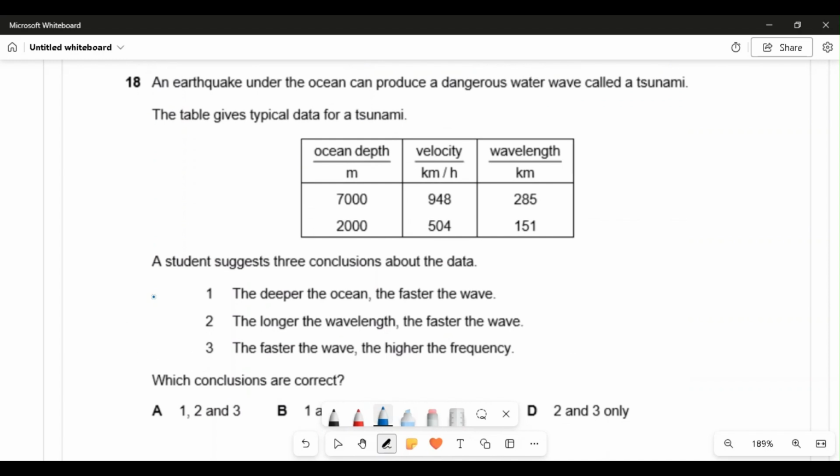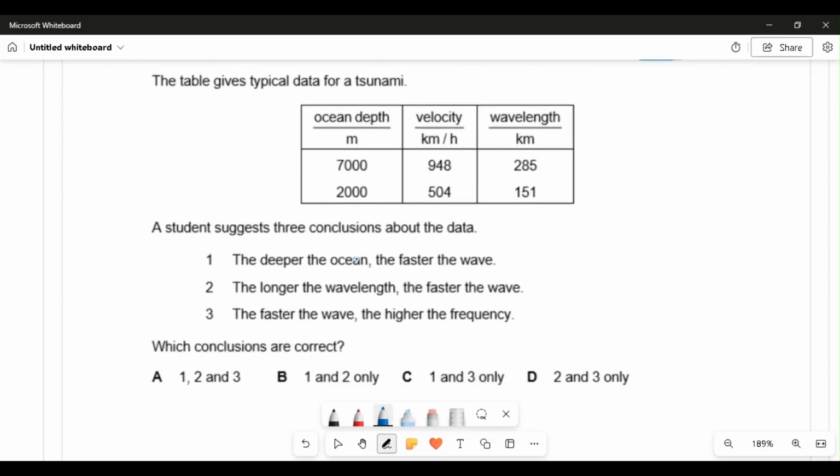Question 18. An earthquake under the ocean can produce dangerous water wave called tsunami. The table gives the typical data for tsunami. The first column is for the depth in meters, velocity, and wavelength. Students suggest three conclusions. What are those three conclusions?